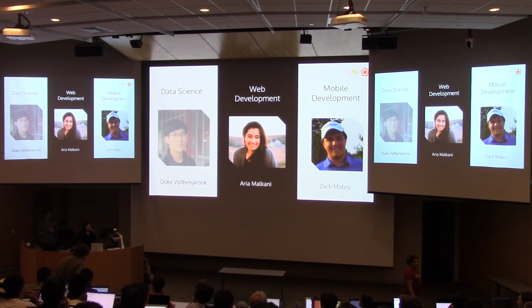Okay, and next we have Zach, who's running mobile development. Hello. So in mobile development, we'll start from installing Android Studio, getting it up and running. It can take longer than you think.